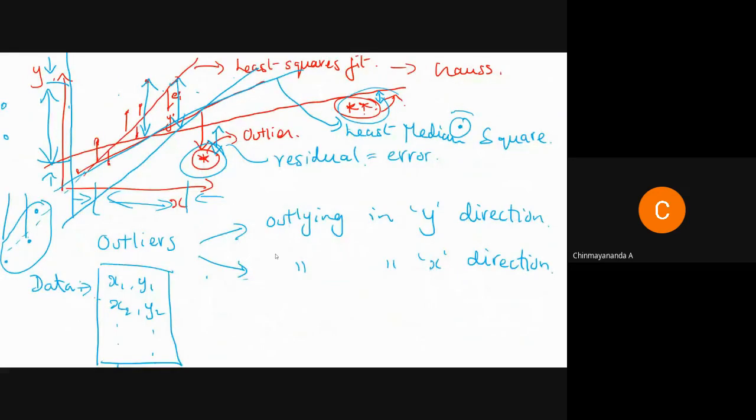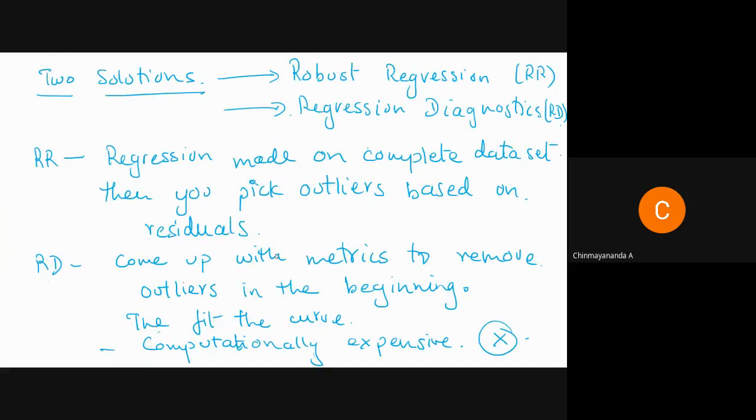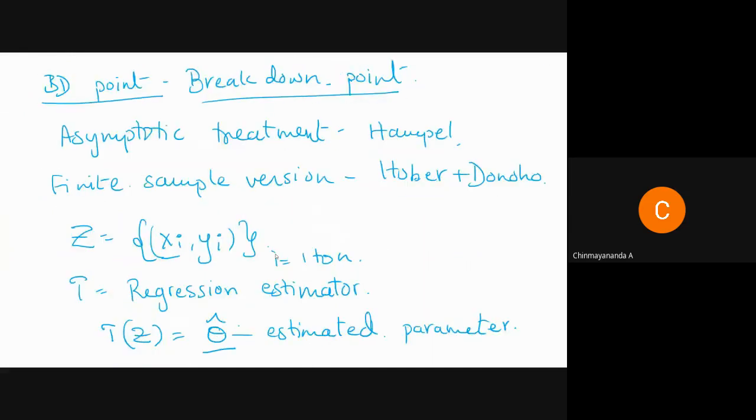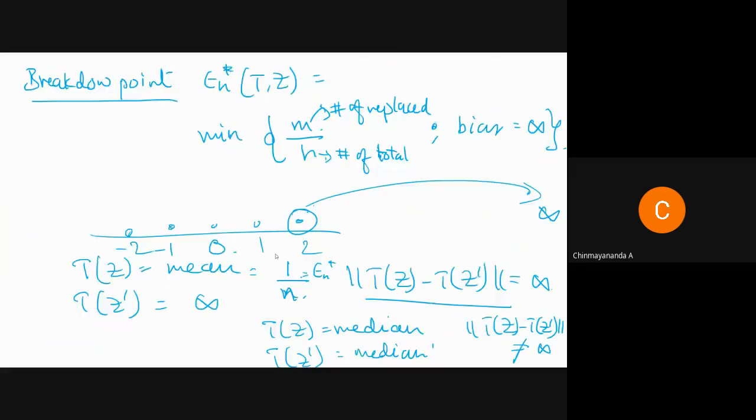You can have outliers in the y direction, and you can also have outliers in the x direction, but outliers in the x direction are a bit of a mischievous guy. These are two points to be taken care of, especially the outliers in the x direction, and the breakdown point.